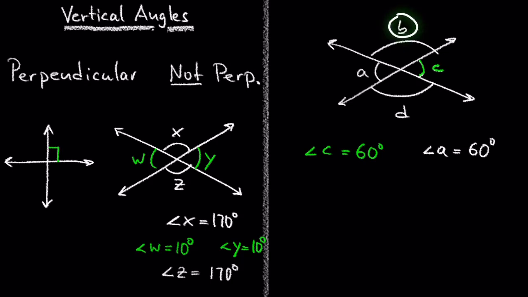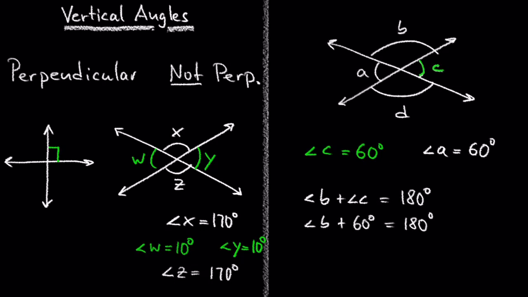Angle B is supplementary to angle C because angle B and angle C are adjacent angles of intersecting lines. So angle B plus angle C equals 180 degrees. So angle B plus 60 degrees equals 180 degrees.